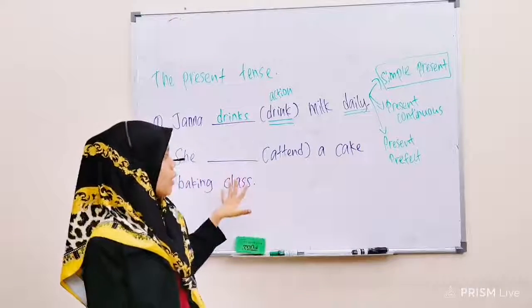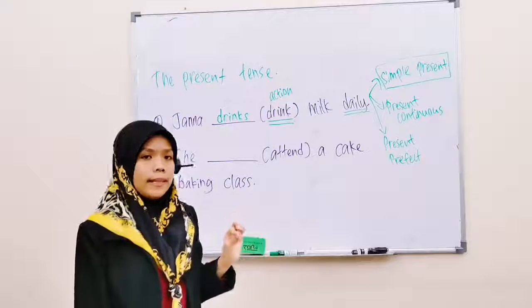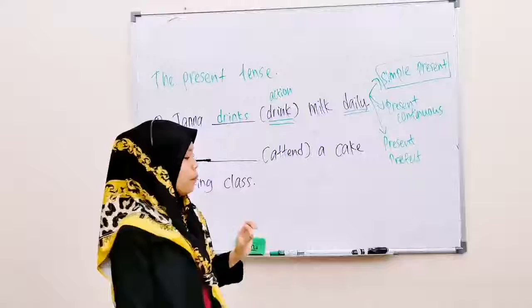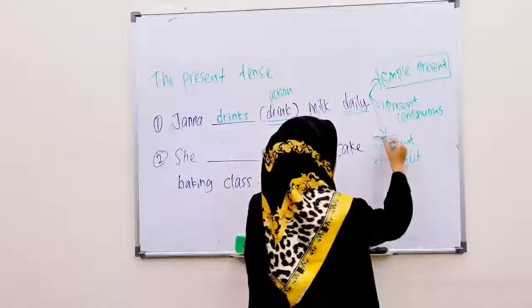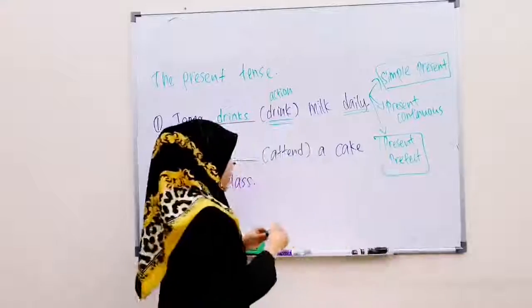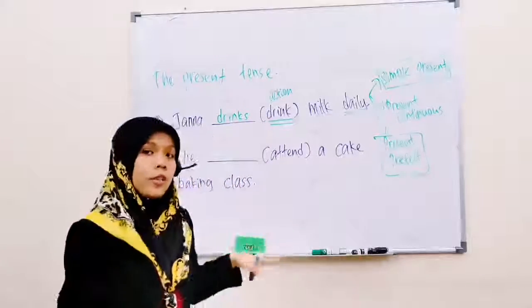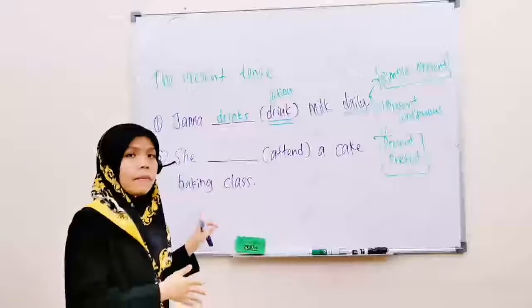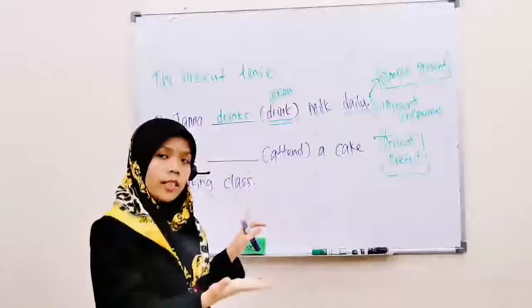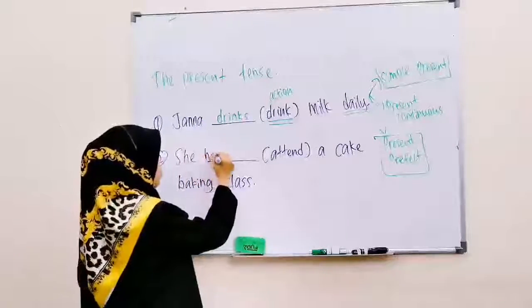There's no mention of now or at the moment, so this sentence is under present perfect. Why? Because you want to show the action already started in the past, continues to the present, and might continue in the future.